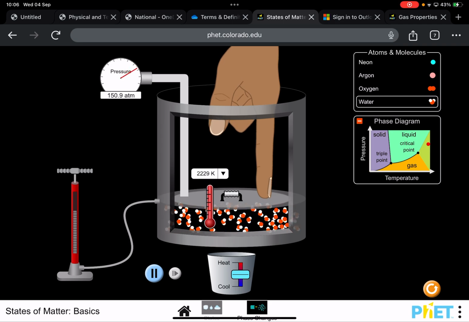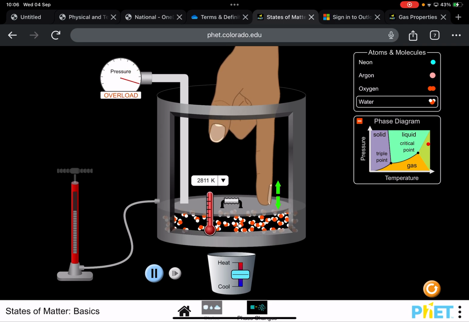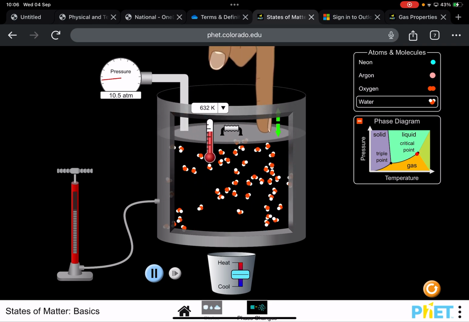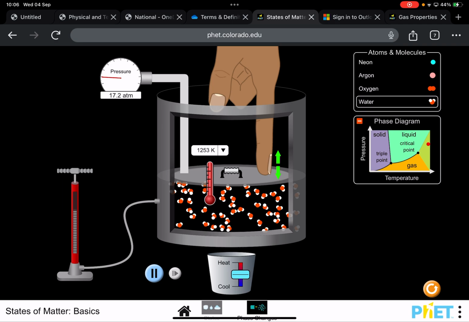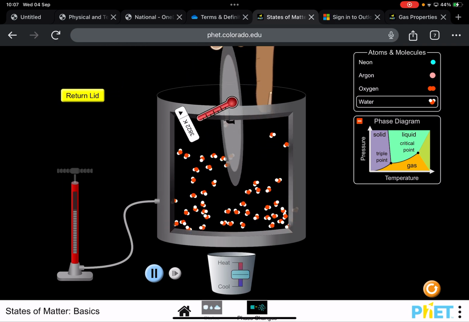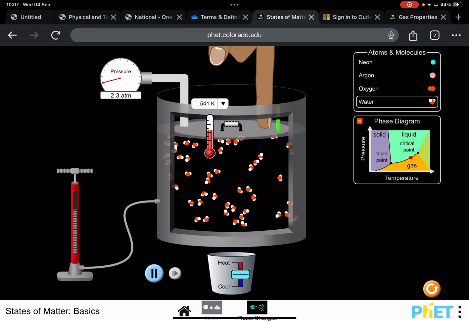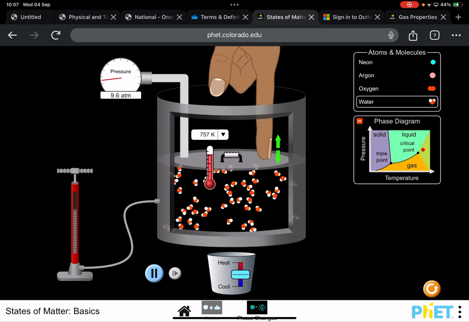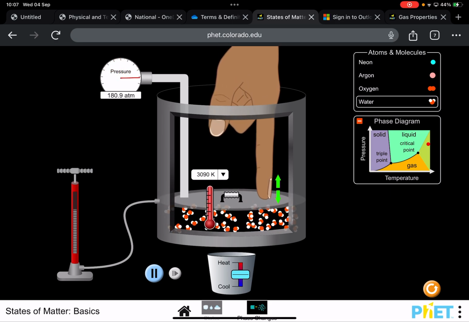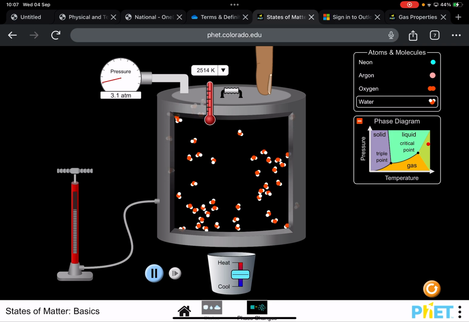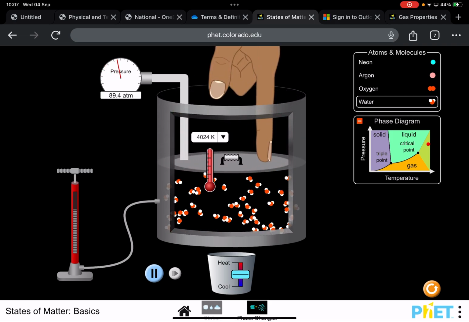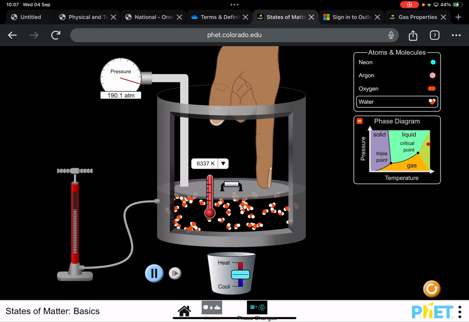But what I want to show you is somewhere, when the particles are pressed very closely together, okay, then where does it say that? At the pressure. You see?